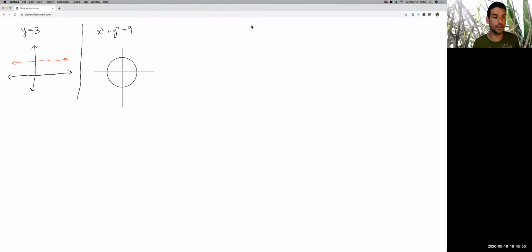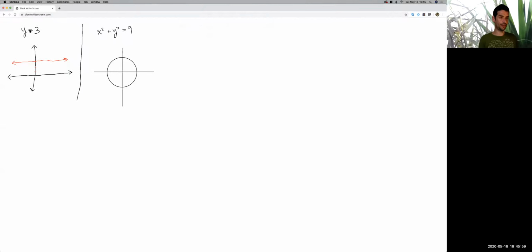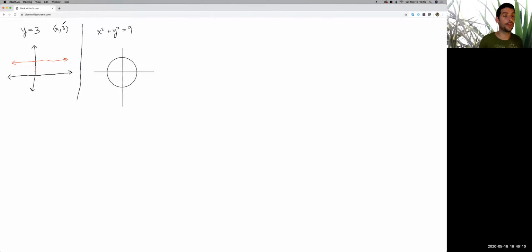So just like in 2 dimensions, when we're looking for x-y pairs that satisfy the equation y equals 3, since x doesn't appear, x can be anything. And so our solution is all of the coordinates with any x value and a y coordinate of 3.